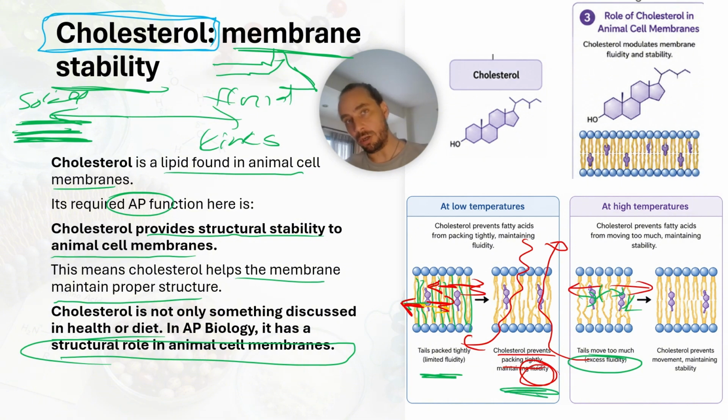And if it's too hot, it's too fluid and it makes it less fluid. So it's really important in animal cell membranes that we maintain the right amount of fluidity so that substances can go into the cell and out of the cell.